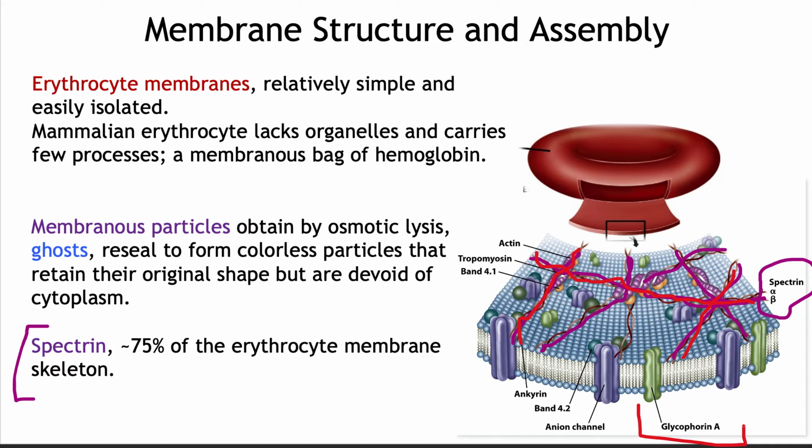And if you notice, we had talked about glycophorin A, 131 amino acid residues, when we talked about transmembrane proteins, erythrocyte glycophorin, right? So you have erythrocyte glycophorin, you have an anion channel. It's really for chloride bicarbonate exchange. They're basically anchored or tethered to spectrin, right?